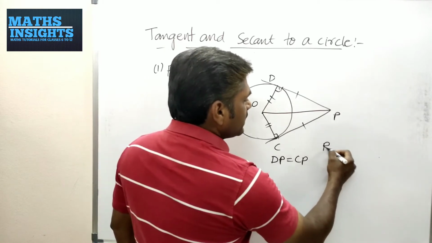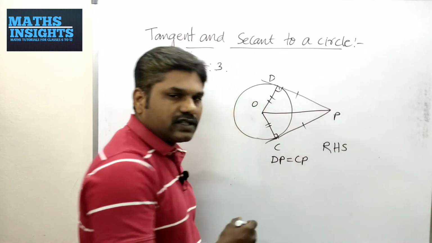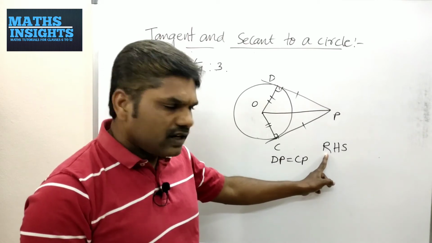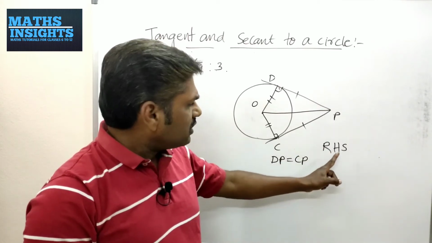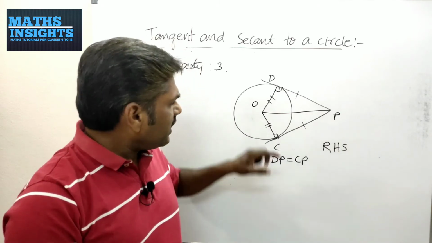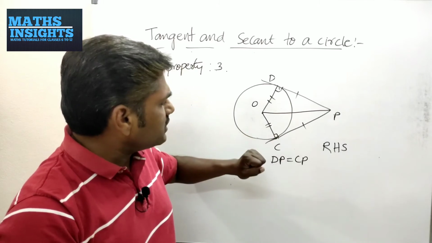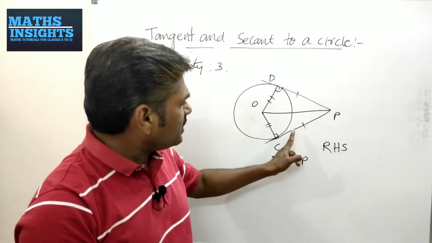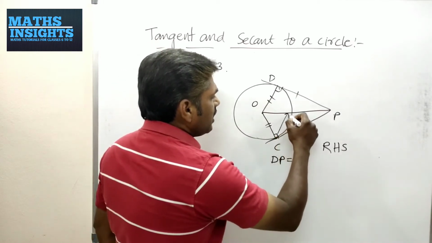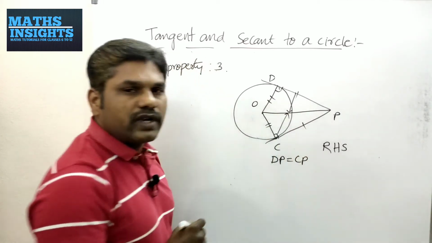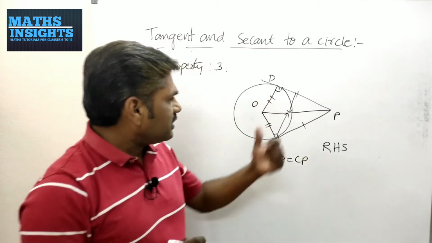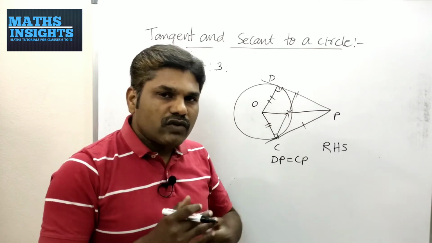By the RHS axiom, if there is an equal right angle and an equal hypotenuse, and one side equal. Here the right angle is there in both triangles, and the hypotenuse is common to these two triangles, and this is one side. By this property, these two triangles become congruent.